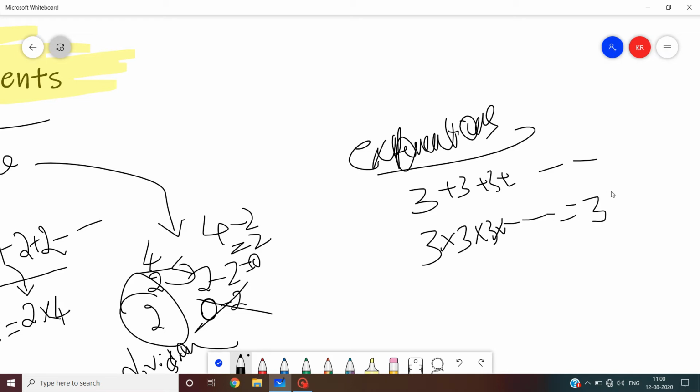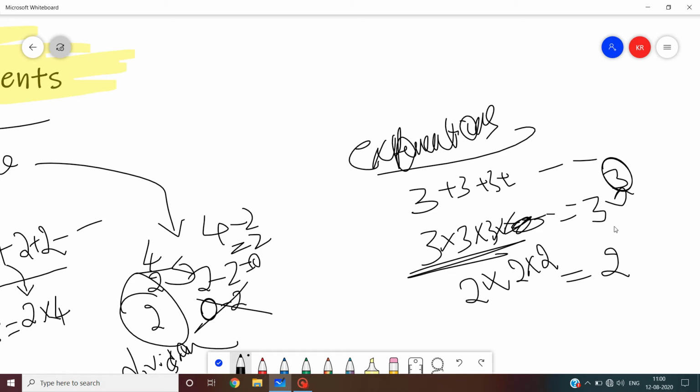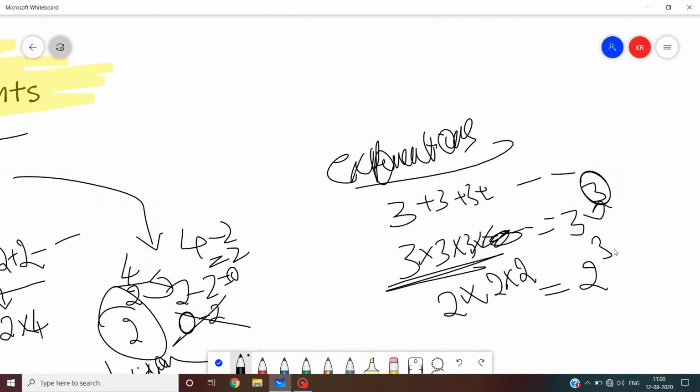So I can write this as 3 to the power of 3, where I am multiplying 3 three times. I specify the 3 with a superscript, that is, writing it above the number. Otherwise, I am multiplying 2 with 2 for 3 times, so I denote it as 2 to the power of 3. The process of making the exponents is called exponentiation.